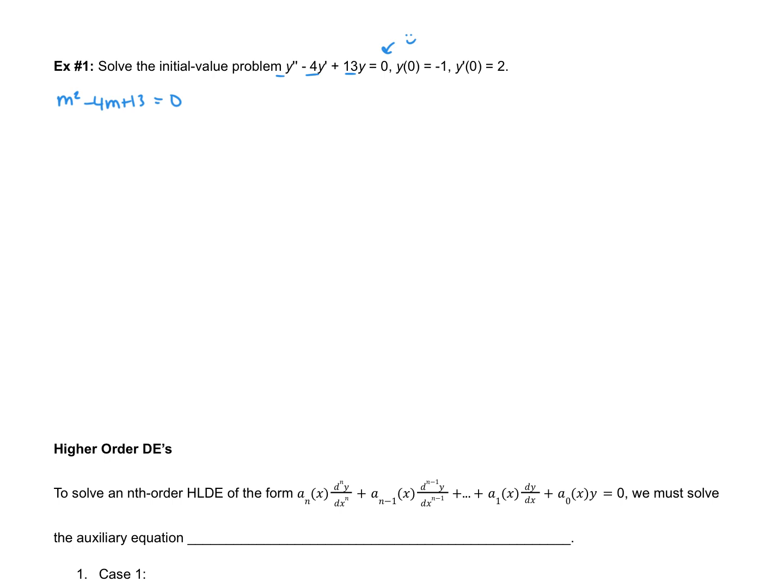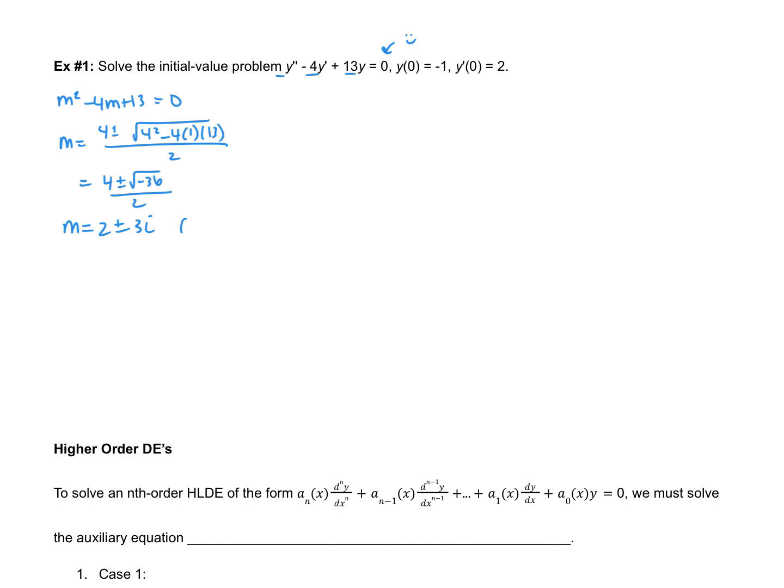This quadratic does not factor, so I'm just going to jump right into the quadratic formula. So I get 4 plus or minus the square root of 4 squared, subtract 4 times 1 times 13, all over 2. So underneath the square root, I end up with negative 36. So my roots then are 2 plus or minus 3i.